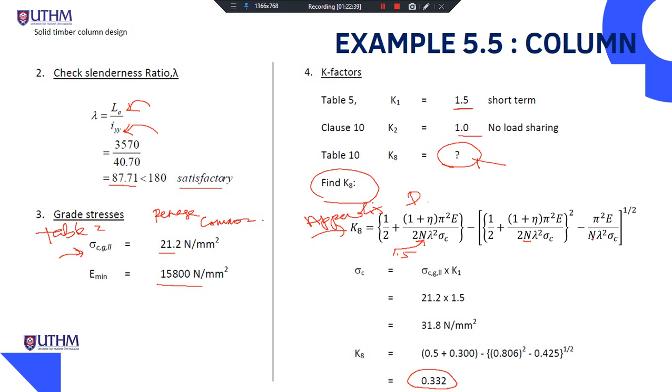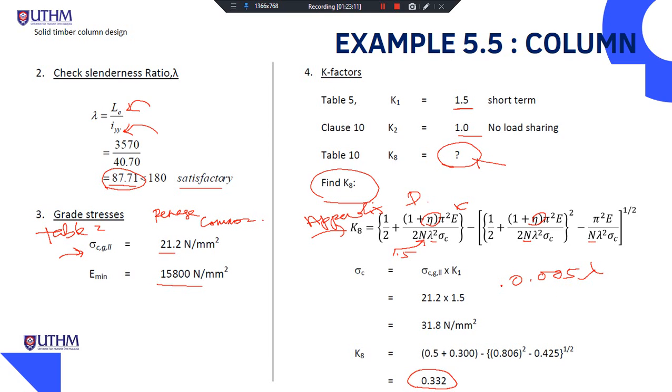Our Young's modulus here is E minimum. Our radius of gyration here is as calculated, 87.71. This is the eccentricity factor, where the eccentricity factor is equal to 0.005 lambda multiplied with the slenderness ratio.